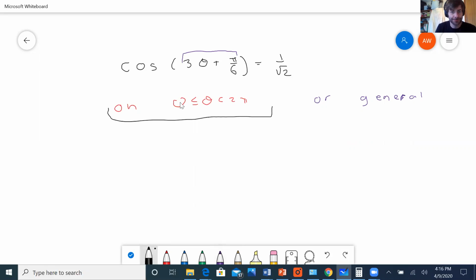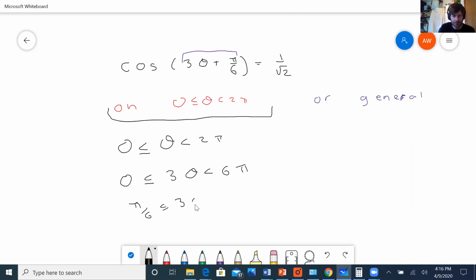If theta is between 0 and 2 pi, multiplying everything by 3 gives 0 to 6 pi, and adding pi over 6 to each one gives the zone between pi over 6 and 6 pi plus pi over 6.